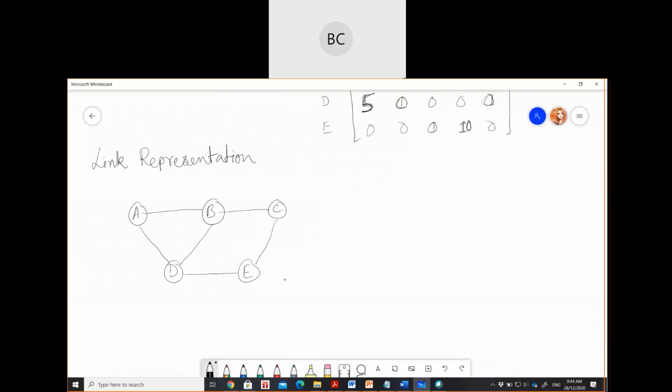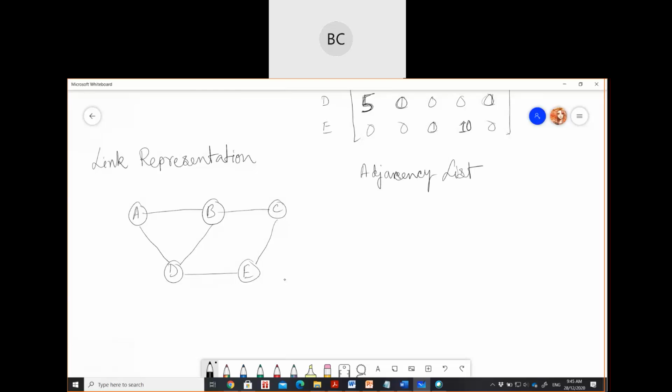So what happens in adjacency list or link representation? We make an adjacency list. Here what I'm going to do is form a list or linked list for each of the nodes. So how many nodes are there? 5. So for every node, I'm just going to represent all the adjacent nodes.